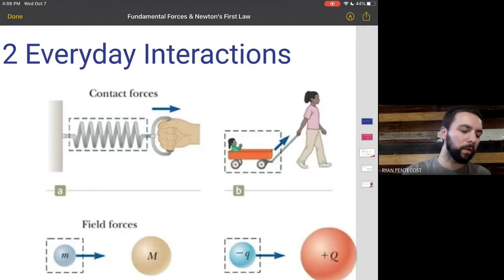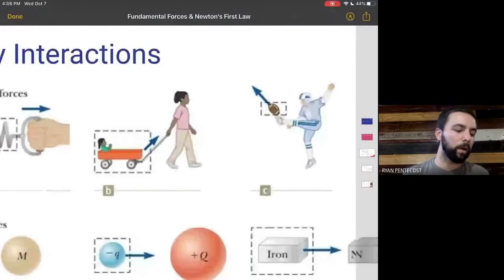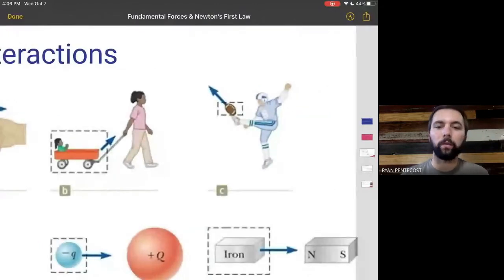Also, B and C here. We have a woman pulling a wagon with a child and a football player kicking a ball. The woman is pulling that wagon, and the atoms are holding together, so that is electromagnetism. The player is kicking the ball. Technically, he's not actually touching the ball.